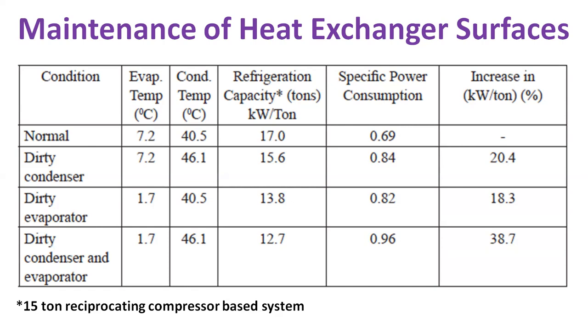Equally important is proper selection, sizing, and maintenance of cooling towers. A reduction of 0.55 degrees centigrade temperature in water returning from the cooling tower reduces the compressor power consumption by 3%, as we see in the figure. The power consumption is also lower than that for systems typically available in India.